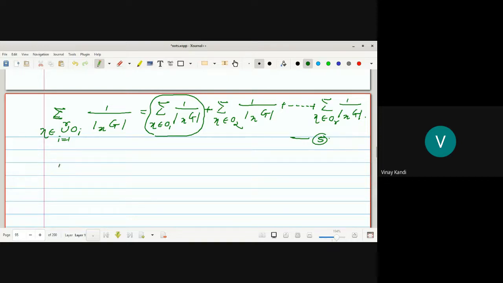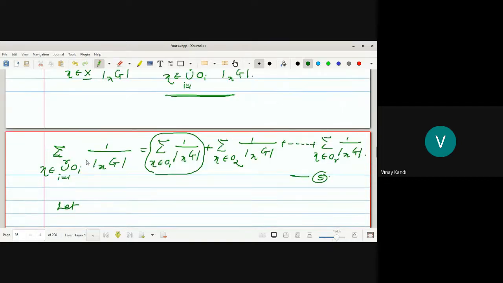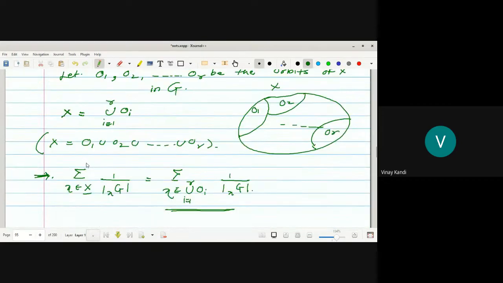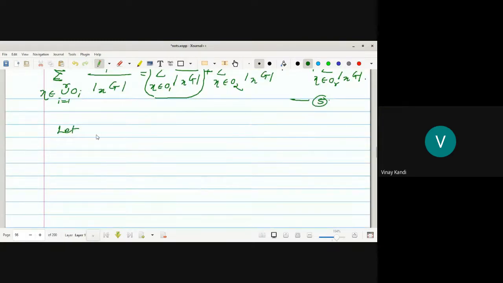Now suppose this O1 contains n elements. Let O1 be T1, T2 up to Tn, these are the elements. That is, the order of O1 is equal to n. Now run this x summation over this set O1.